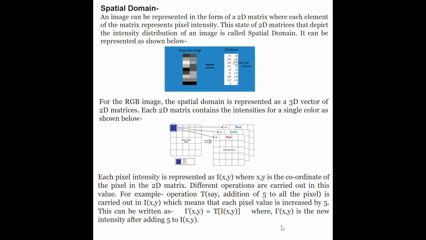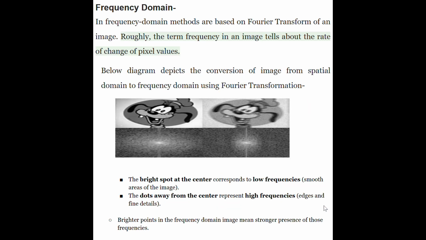I dash of x y is the new intensity after we add 5 to each and every pixel of the input image I of x y. Here all operations are carried out at pixel level, so that's why it is called spatial domain image enhancement.